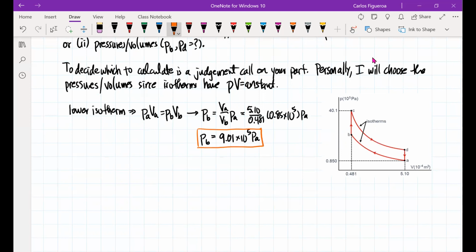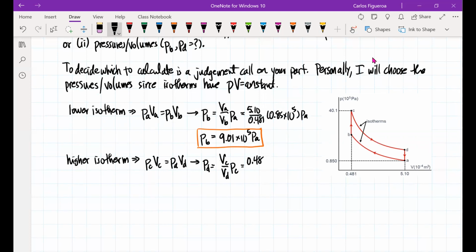Now I can repeat the process for the higher isotherm. If I look at the higher isotherm, I then have PCVC equals PDVD, which then tells me that PD is going to be VC over VD times the pressure at C. So now if I plug in my values, they have the opposite ratio of volumes, but now I have the pressure 40.1 times 10 to the 5 pascals.